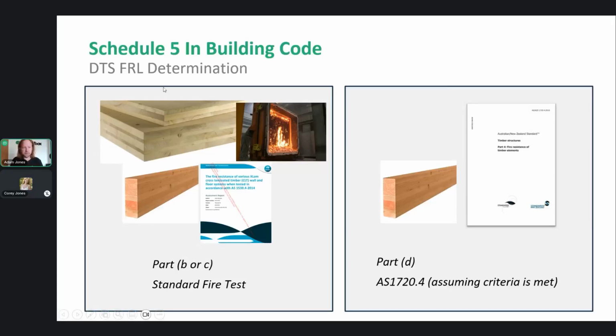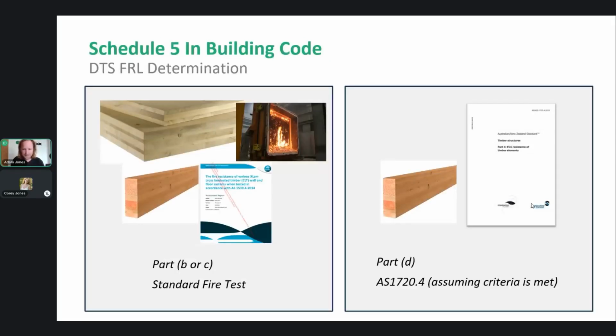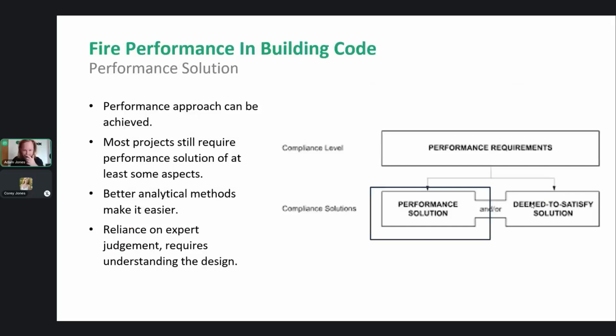But this is important to note: this is all about a deemed-to-satisfy FRL determination in the cookbook approach. The reality is that the deemed-to-satisfy cookbook approach may or may not be flexible enough. And most of the time a performance solution is taken, because when it comes to the structural fire design of buildings, to actually have some of these met, and I'll talk more about this in a second, it is always preferred, but it is sometimes unavoidable to fall into a performance solution.